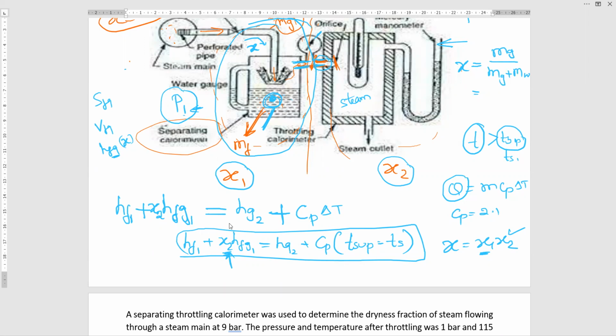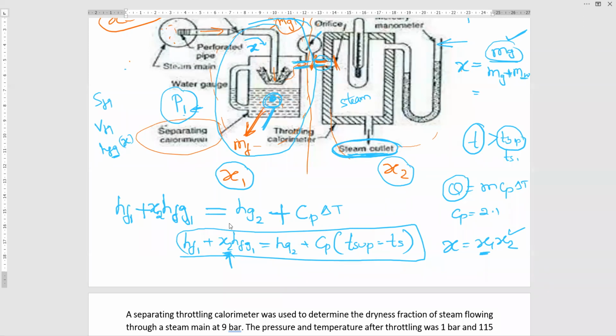Where is the mass of gas now? This mass of gas is collected here in the throttling calorimeter, the steam outlet. Here, steam is nothing but gas. We are collecting the steam which is coming outside the throttling calorimeter. We will measure the mass, we will get the mass of gas, and the mass of gas in the numerator, same value will be written in the denominator, plus mass of water. Where will you get mass of water?